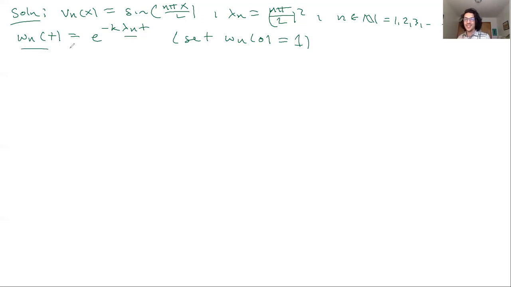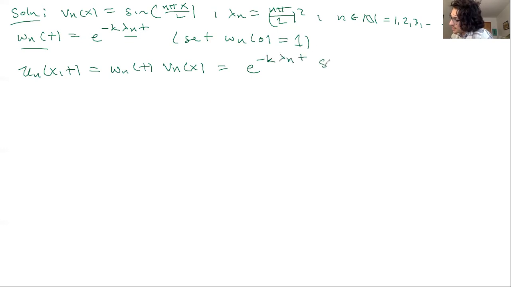So I have this infinite set of solutions to my ODEs that go together. In total, I have Un of x,t, which is Wn of t times Vn of x, and this is e to the minus k lambda n t sine of n pi x over L.